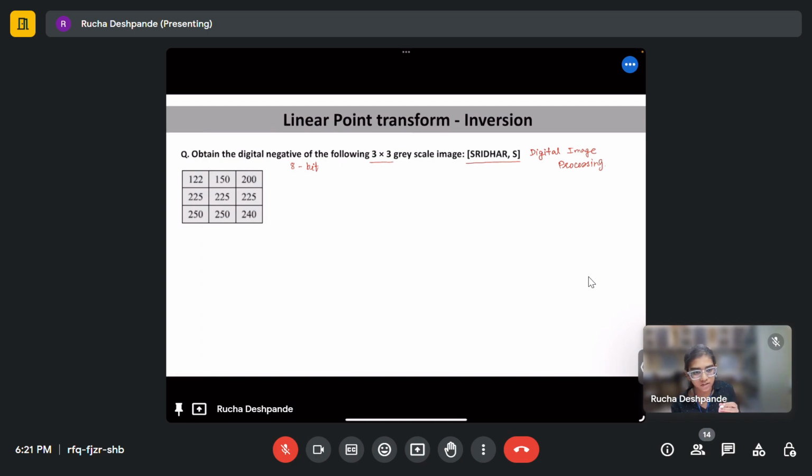So let's solve this. In an 8-bit image, we have 256 gray levels. As we just saw, g of x y will be 255 minus f of x y.